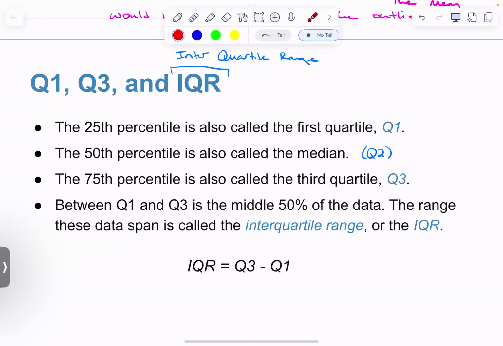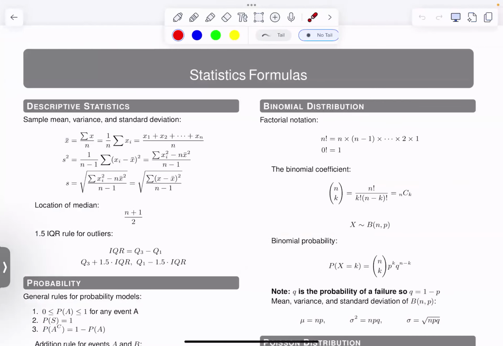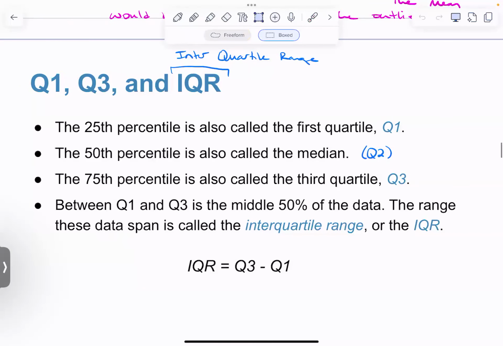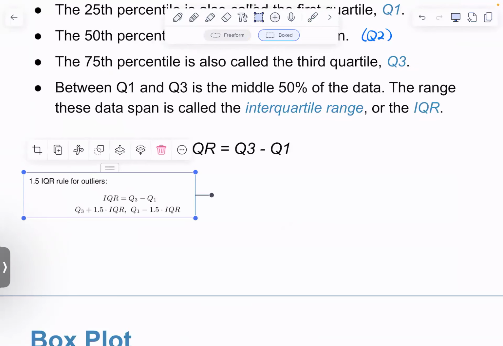Now this is on your formula sheet, along with some stuff we haven't introduced yet, but I'll bring it in. It's coming soon.